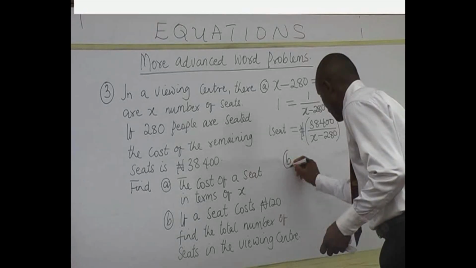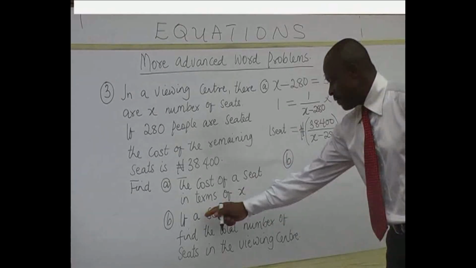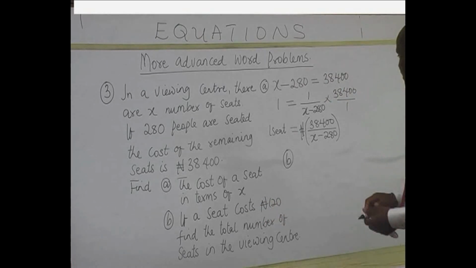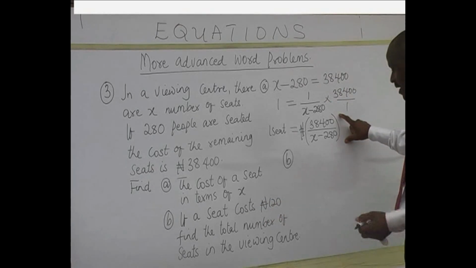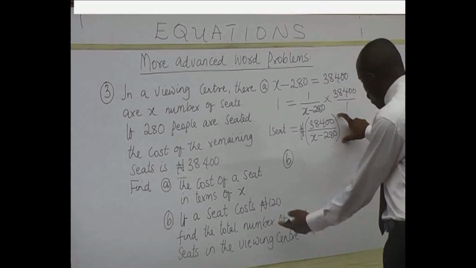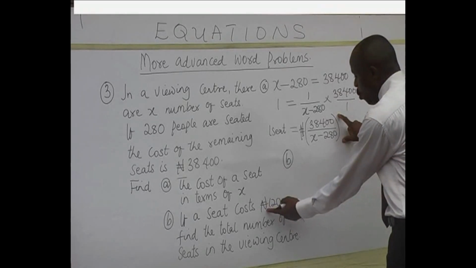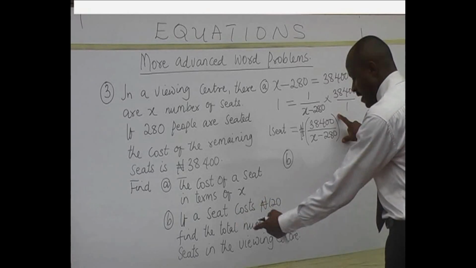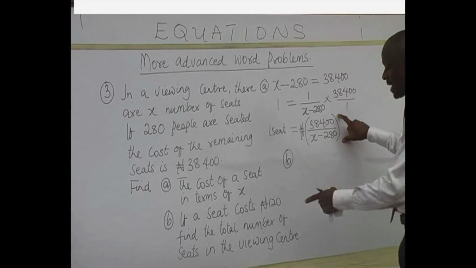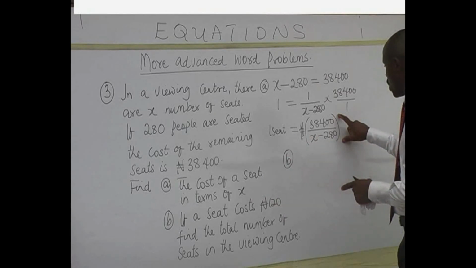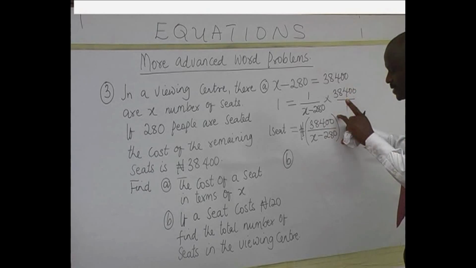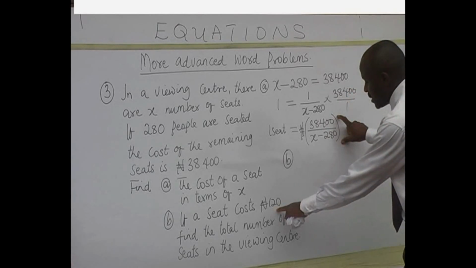Question number B says, if a seat costs this, remember that this is the cost of 1 seat. Then they are saying if this cost of 1 seat is 120, find the total number of seats in the viewing center. What that question is trying to tell us is we should equate this value for 1 seat to 120.